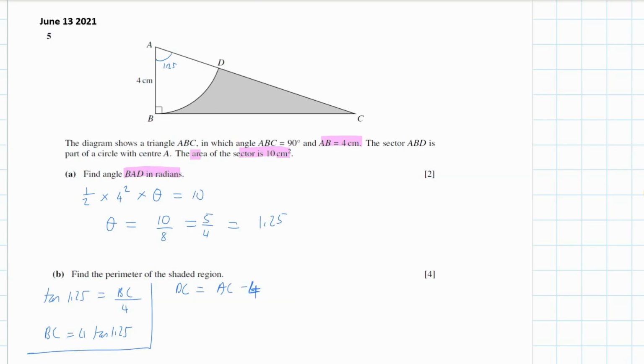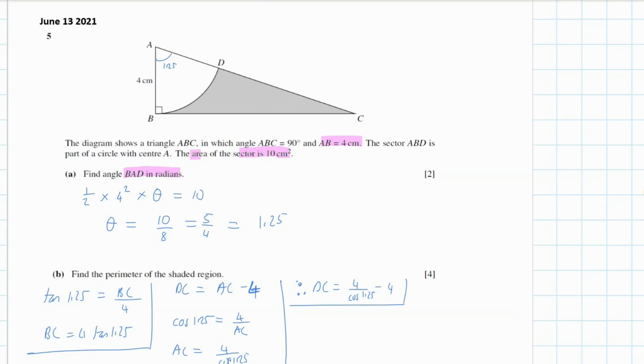So I'm going to use cosine. Cosine 1.25 equals adjacent over hypotenuse, and so AC is going to be 4 over cos 1.25. So therefore DC equals 4 over cosine 1.25 minus 4.